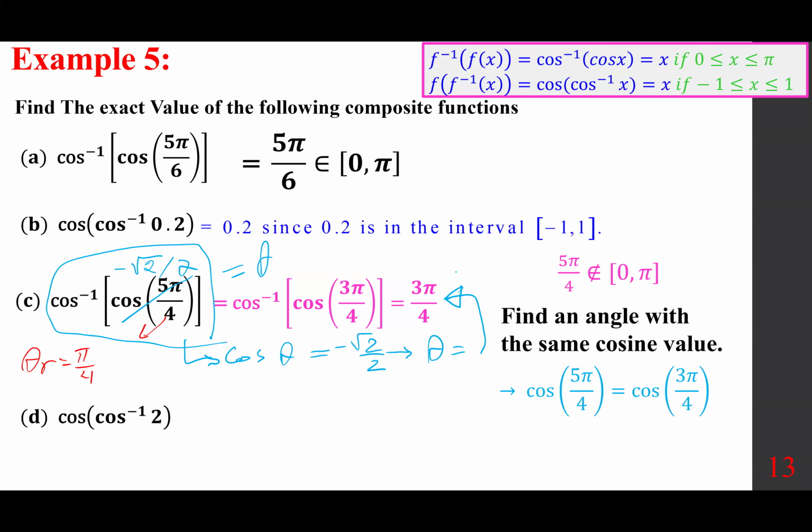Now, the last one, there is no solution. It's undefined. Because this belongs to the inverse, it must be between -1 and 1, but 2 is not between -1 and 1. And therefore, it has no solutions. It's undefined.